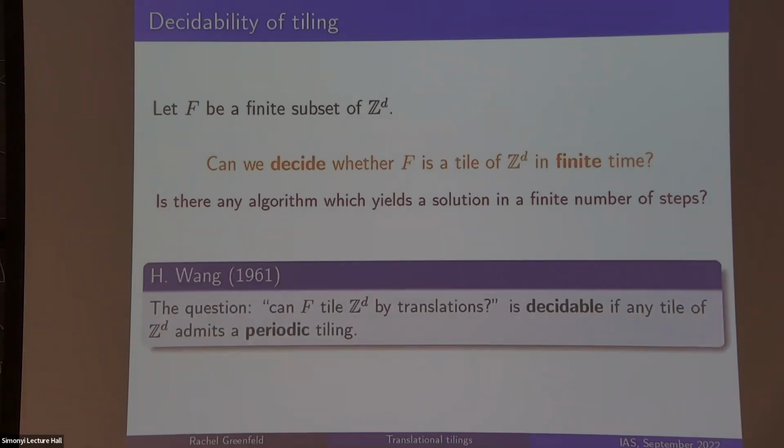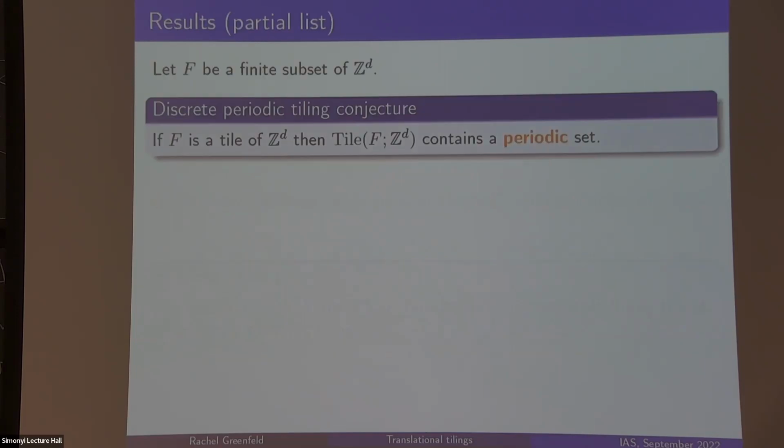And Hao Wang showed in the 60s that if the discrete periodic tiling conjecture is true, then we have the decidability of tiling, which is useful. So there are good reasons to study the discrete periodic tiling conjecture, and indeed many researchers invested a lot of time and effort to try to understand this conjecture.